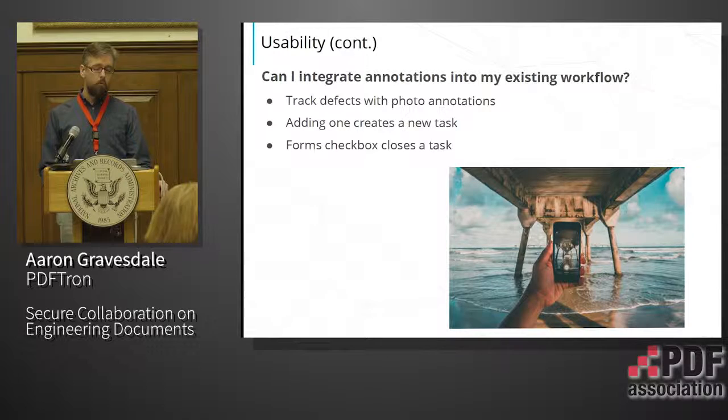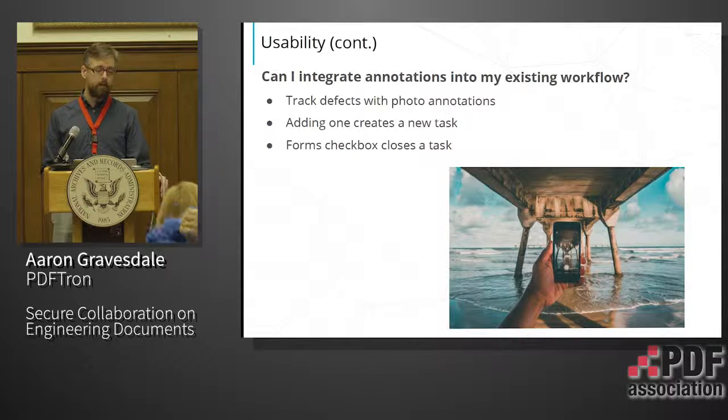They're looking for ways of taking pictures out in the field, of identifying things that look wrong or that need to be done or corrected, and then adding that image onto the original document itself, and having that create a new task in the system, so that someone says, oh, this is something that's wrong, I can see this picture of what's wrong and move forward and correct it. And standard PDF forms as well could drive that process too.